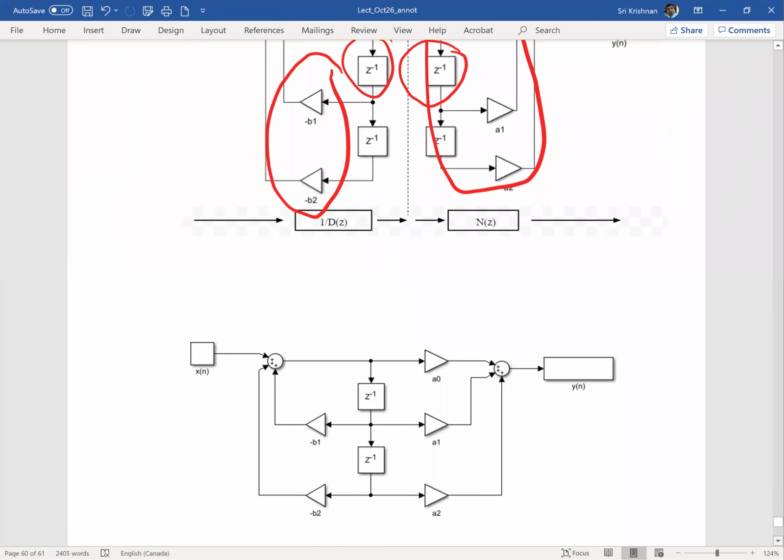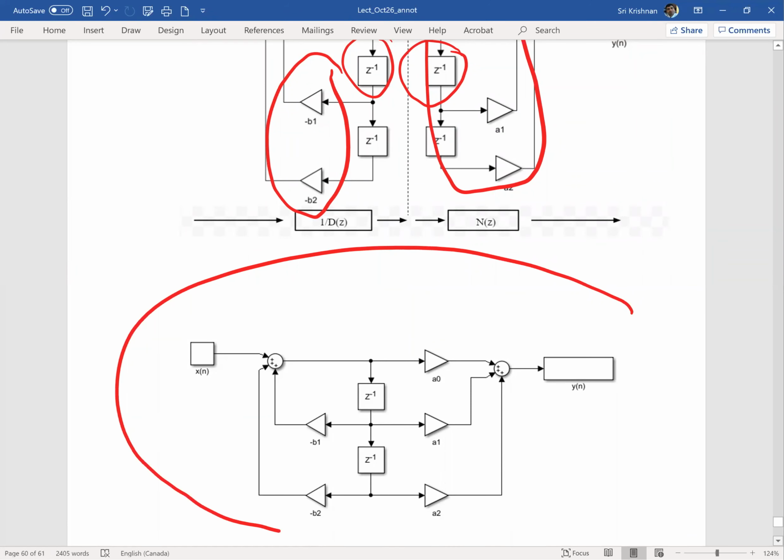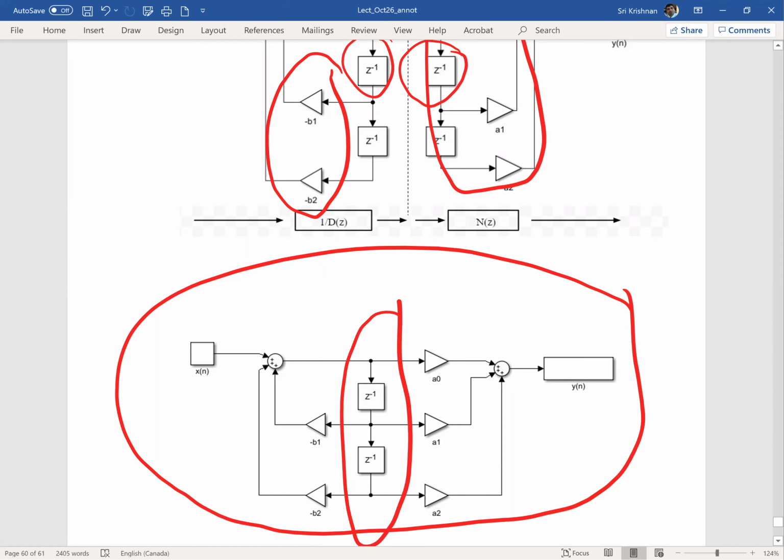So that's exactly been done here. Rather than having separate delay elements like in the previous block, we have combined the delay elements. And when we combine the delay elements, we have done something interesting here, that we have saved two delay elements by this operation. Essentially in the beginning we had 4 delay elements.